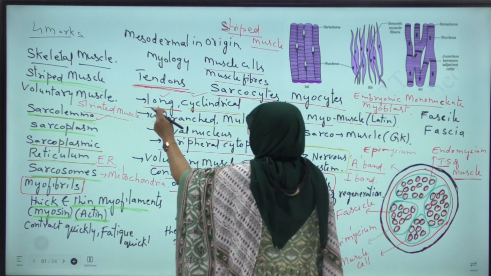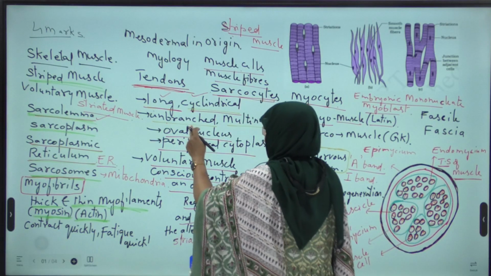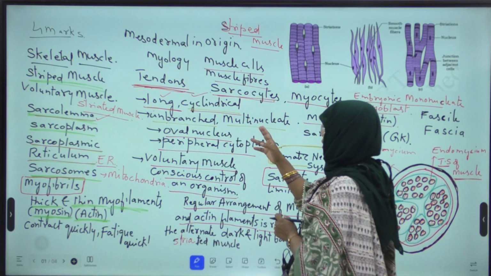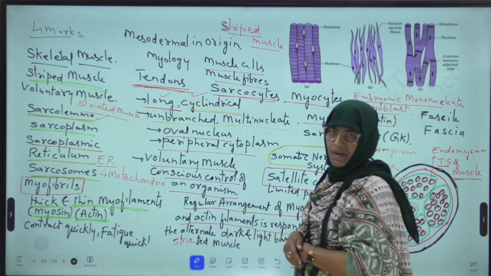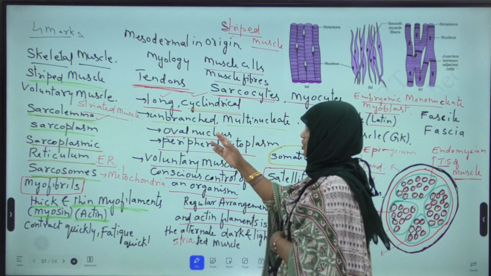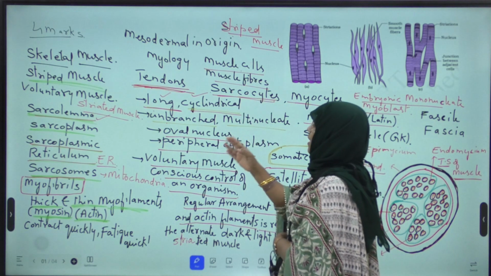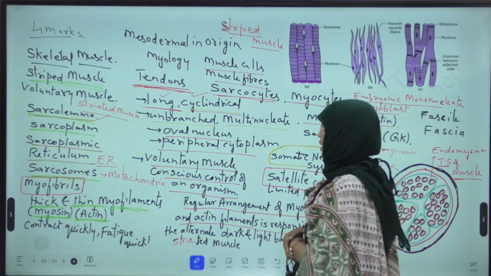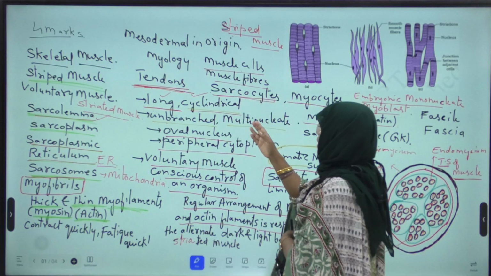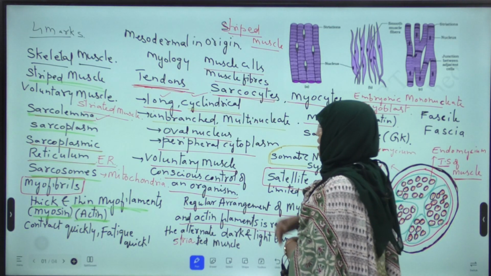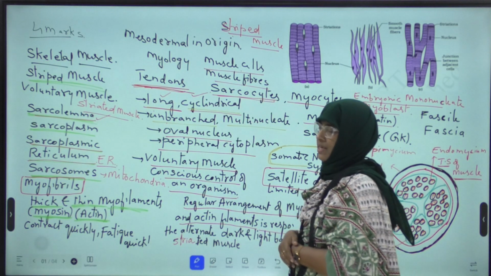This muscle cell is long, cylindrical and unbranched, and it is multinucleate. Many nuclei are present. What is the shape of the nucleus? Oval shaped, and these nuclei are arranged in the peripheral cytoplasm. Here syncytium is formed; multinucleate condition means syncytium.